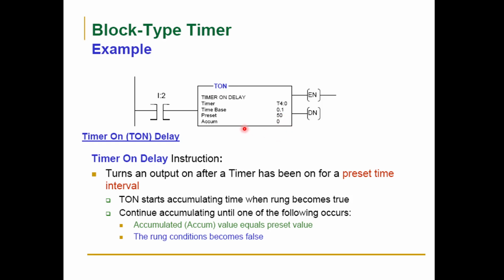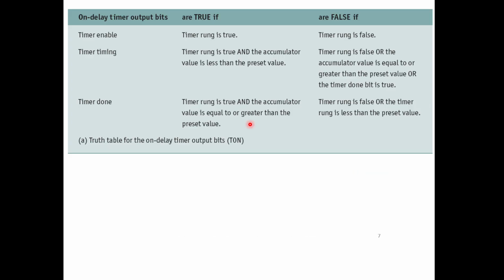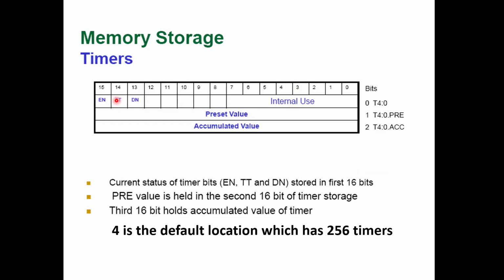Once the accumulator value hits the preset value, your timing is finished. During the timing, your TT bit will be true, and after the timing the done bit will become true for the TON timer. But the TOF timer is a bit different.